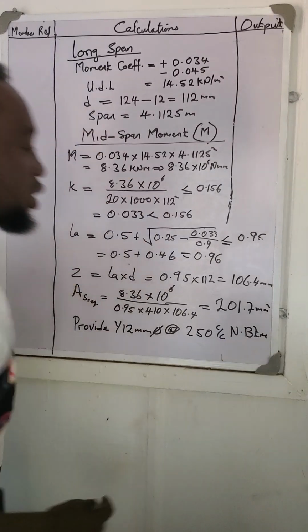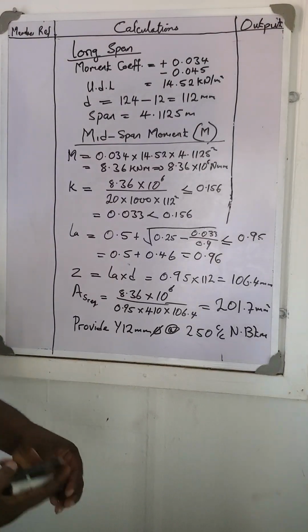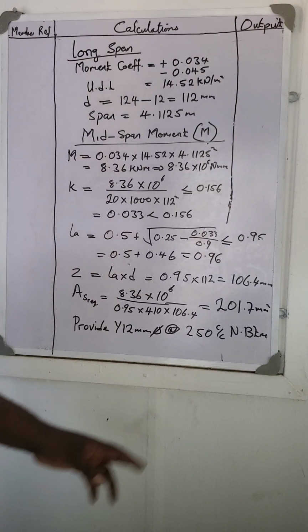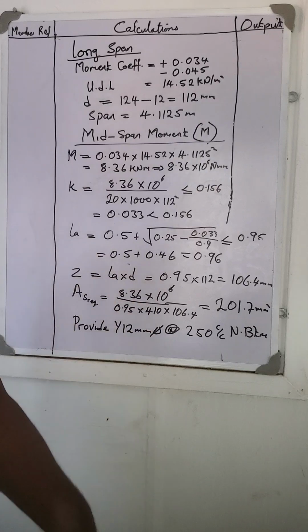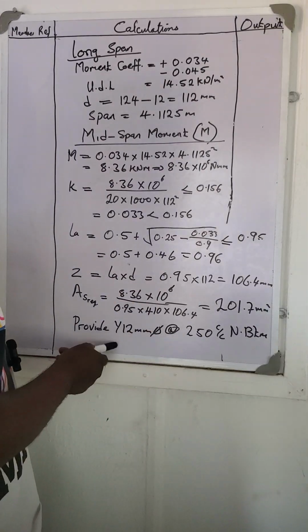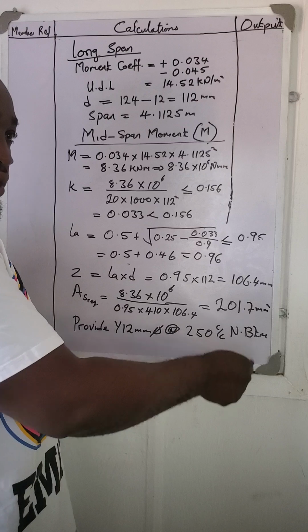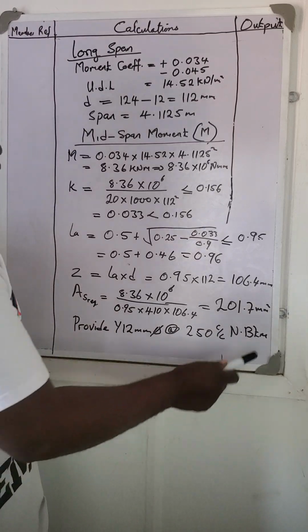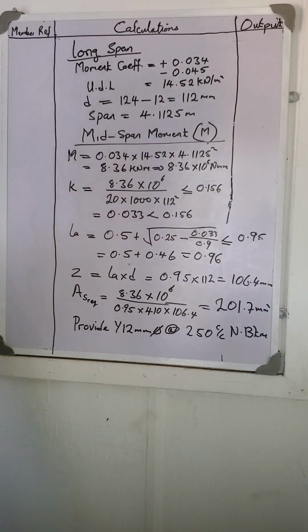From the short span midspan, we said that one was bottom. That's the first one you run. Then this one is the second one that you run, which should form the distribution.